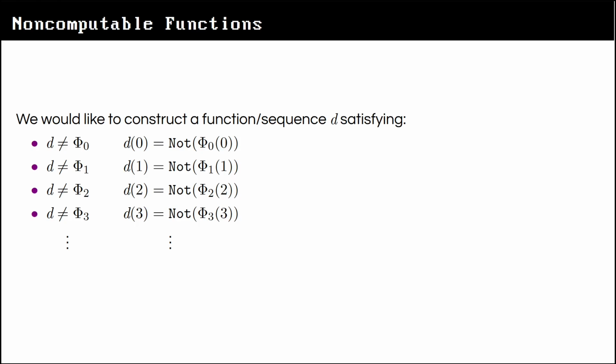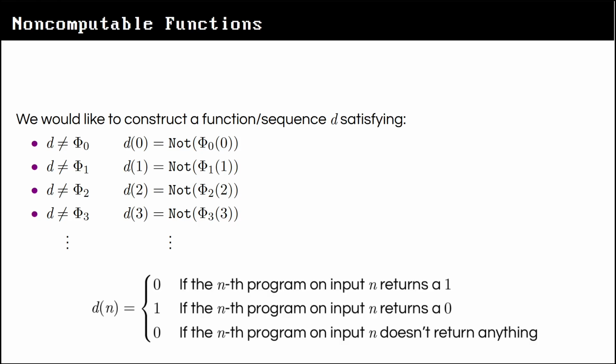All told, if we construct our function d in this way, it will give us a d which disagrees with each of the phi sub n, and thus isn't any one of them, a non-computable function. This might seem a little strange. All our function d is doing is, given an n, telling us a value that is definitely not phi sub n of n. This seems computable.